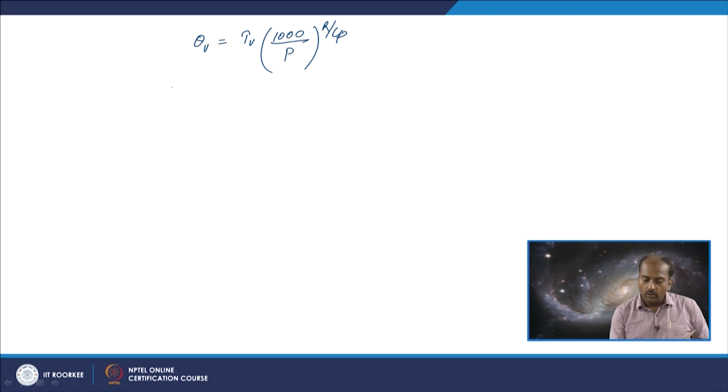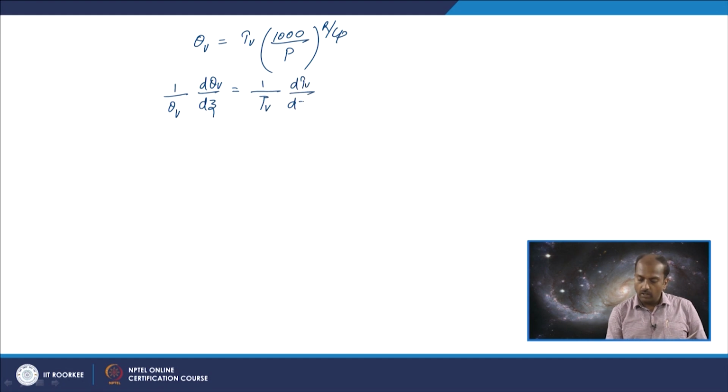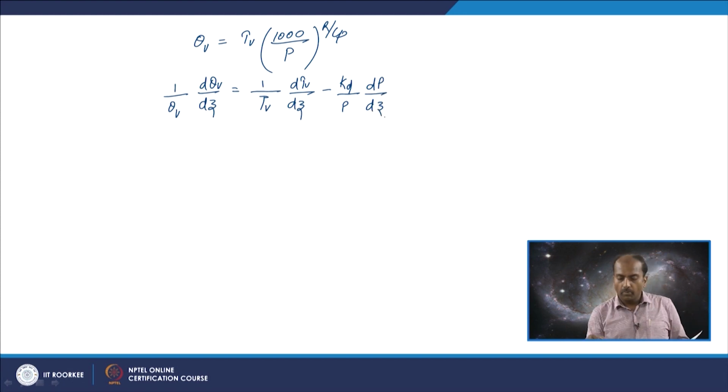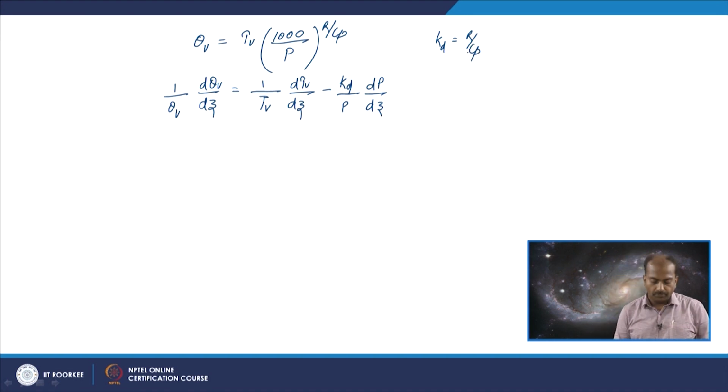Take a logarithmic derivative: 1 by theta v d theta v by dz is equal to 1 by Tv dTv by dz minus Kd by P into dP by dz. By the way, Kd is R by Cp.